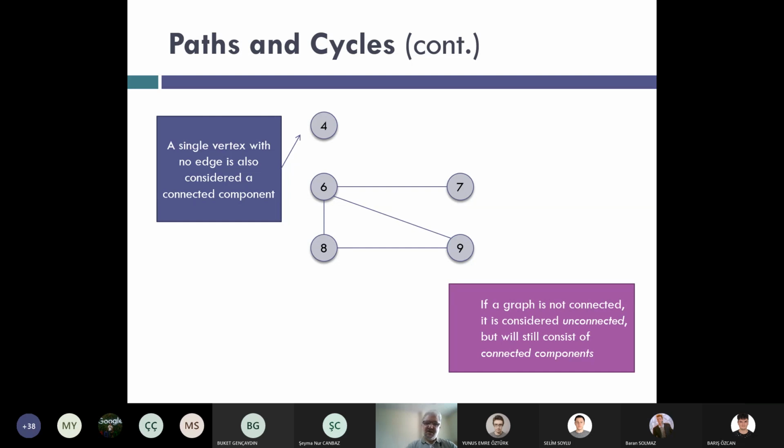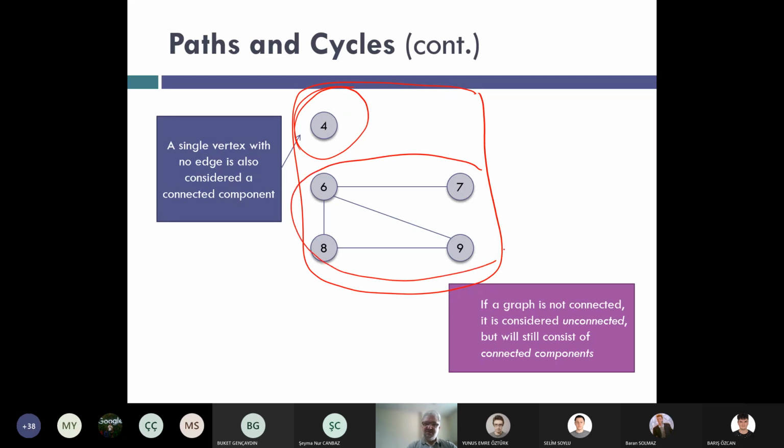For example, this graph is not connected, and it has 2 connected components. One contains just 1 vertex, another one contains 4 vertices, right? We may have 5 here as well. In that case, we may have 3 connected components, right? One is this one, the second one, and the third one.